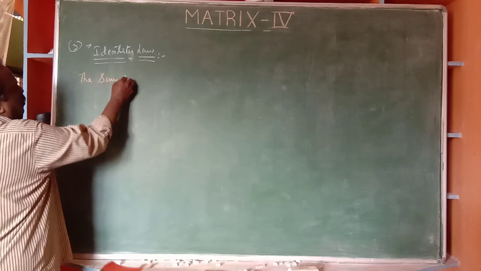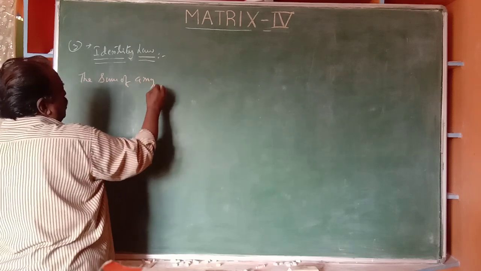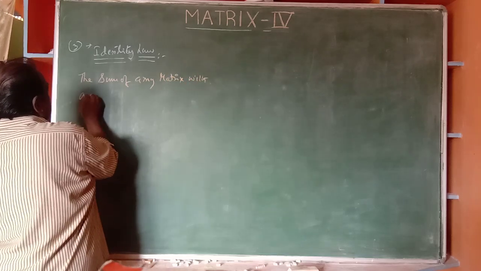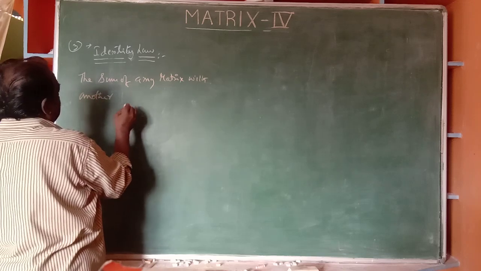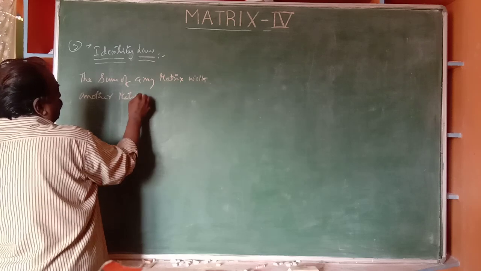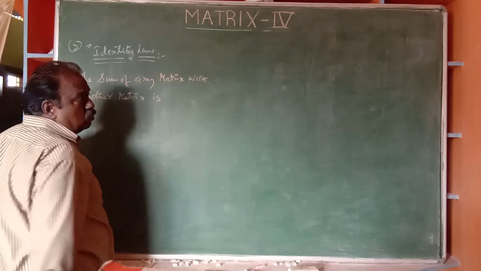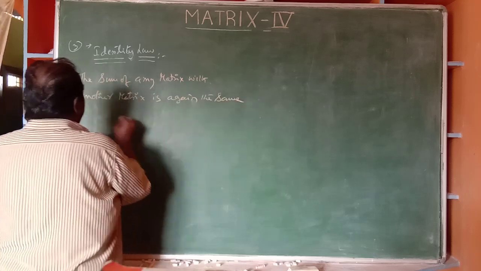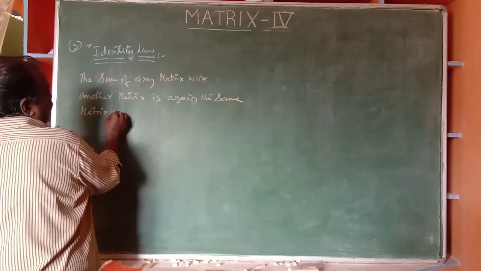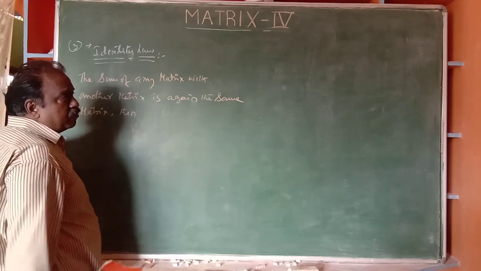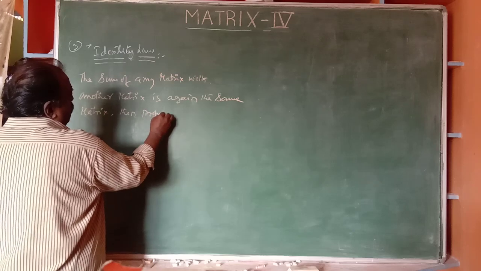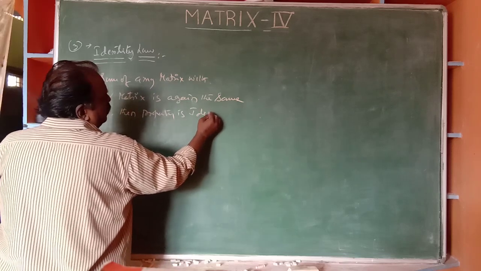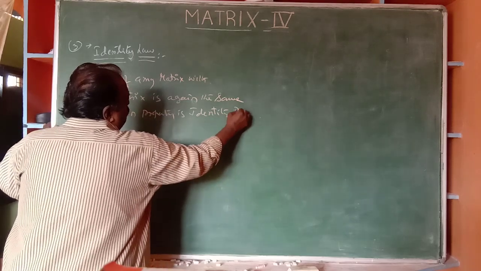If the sum of any matrix with another matrix is again the same matrix, then the property is additive identity property.